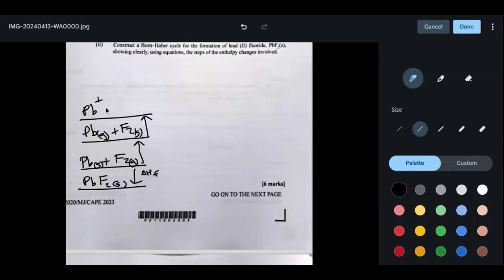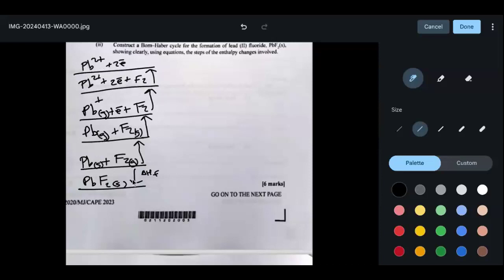So Pb plus F2, and then Pb2+ plus 2e plus F2, and then we atomize fluorine. So it now becomes Pb2+ plus 2e.